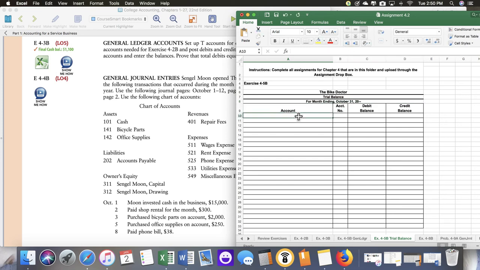Okay, and then we're going to go by accounts. The easiest way to do this is to use the chart of accounts. So we have cash, bicycle parts, and then you're just going to directly list them right off the chart of accounts like we did for the general ledger.